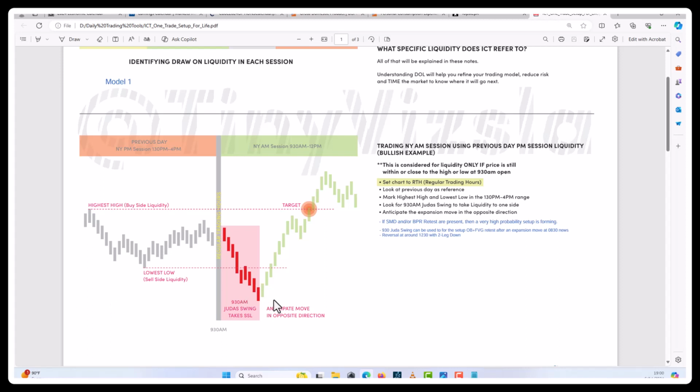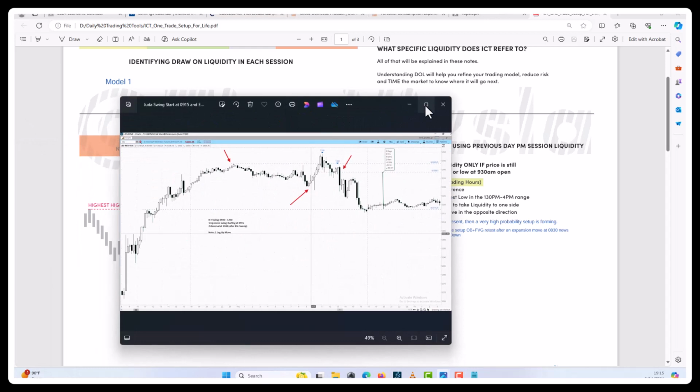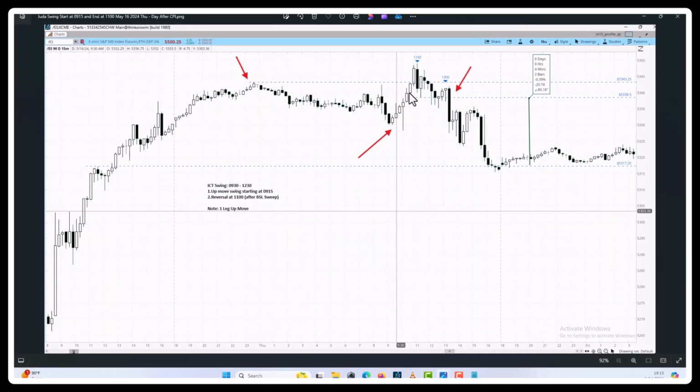Let me look real quick to see if we have a record of that. All right, we find the ICT Judas swing at 9:30. Actually, in this case, it started at 9:15. Last time it happened was May 16, the day after the CPI.